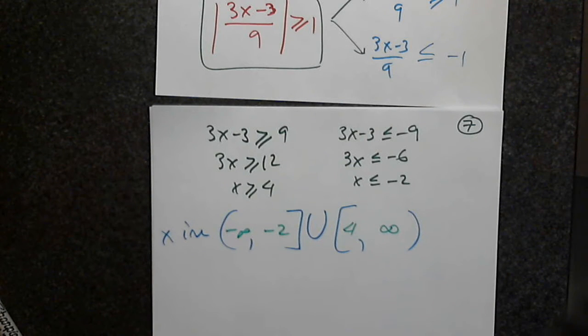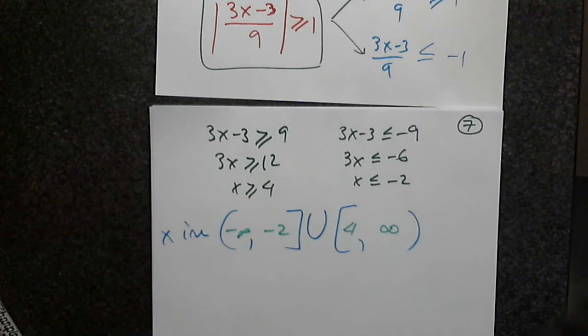What's the union sign for again? Well, we can put together a piece from here and a piece from here. We have to use the union symbol. It's actually a very good question. What it means is this: x values that solve this inequality can be found here or here.